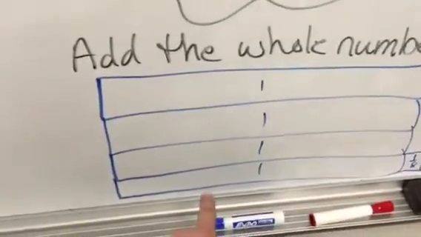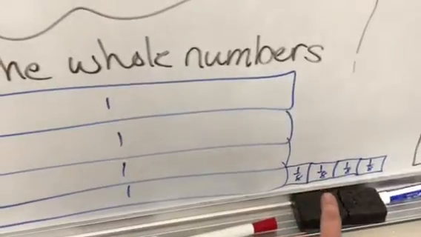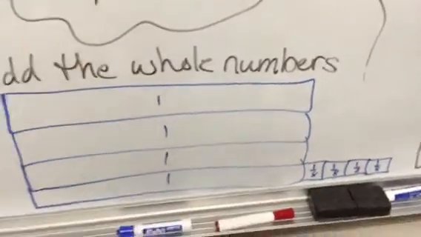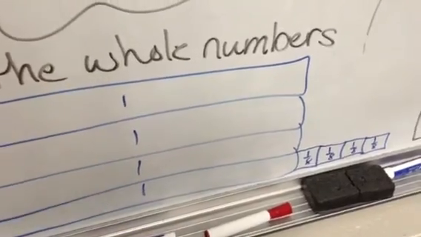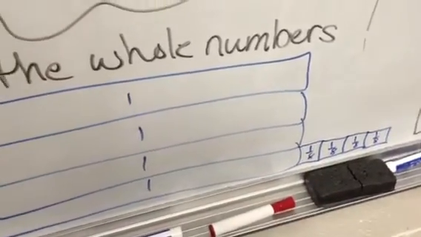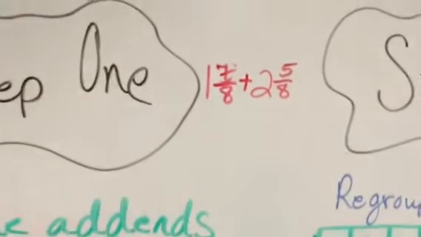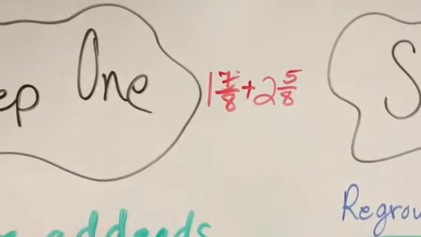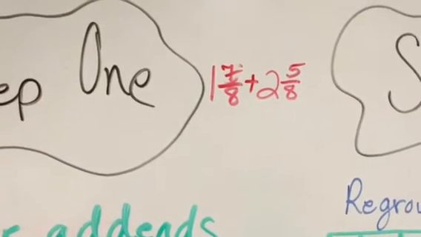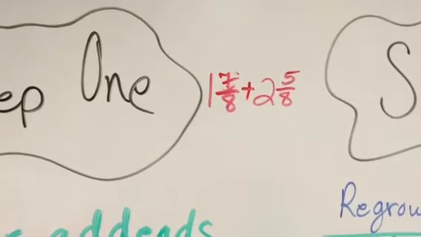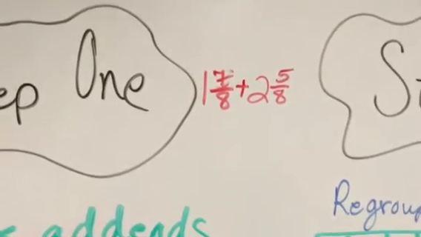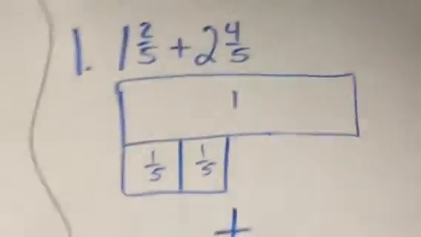So there's that 1. And we have the remaining 4/8 left over. So when we add up this whole thing, we have 1, 2, 3, 4 wholes and 4/8. So our answer for 1 7/8 plus 2 5/8 is going to equal 4 4/8, which we would simplify to 4 1/2. Let's take a look at the guided practice now.